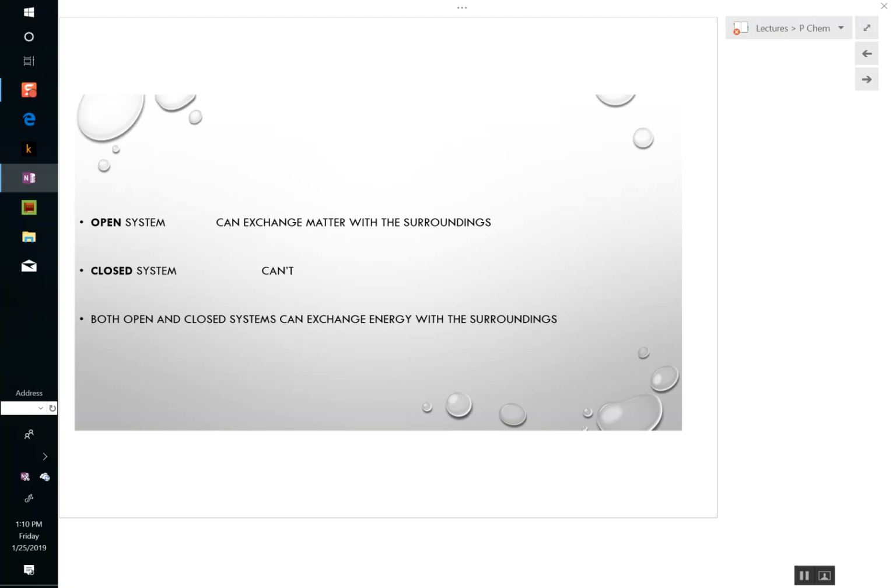That's an open system. But if I had a closed container here with a certain amount of water in it, just a closed system, no material is going in or coming out of the system. Heat can still flow in and out of that closed system.